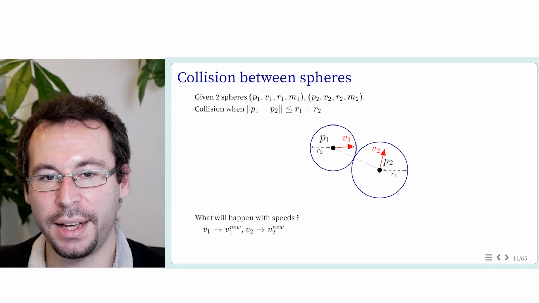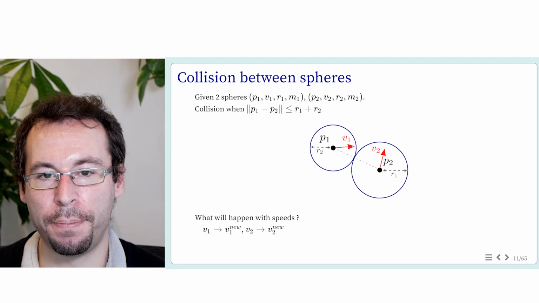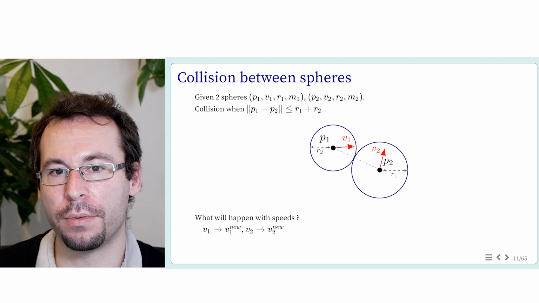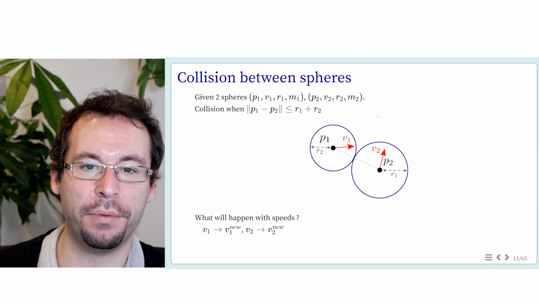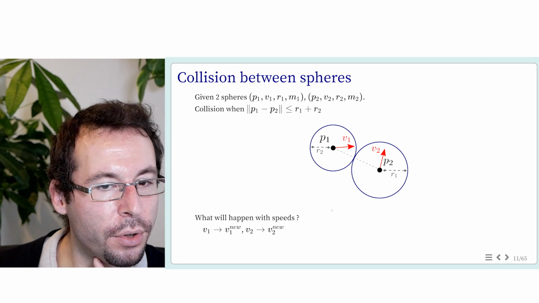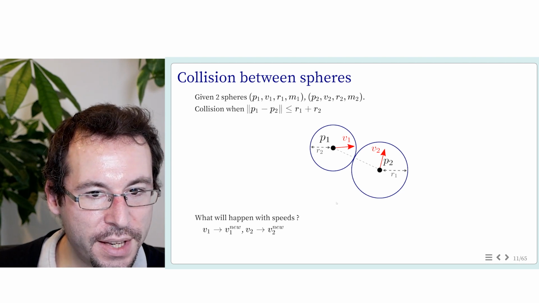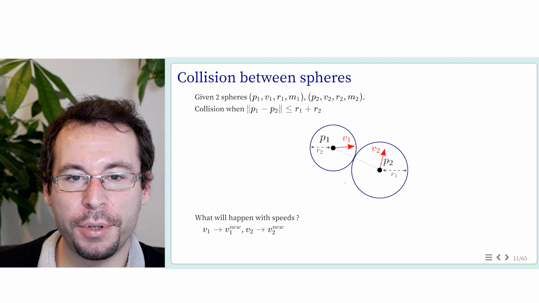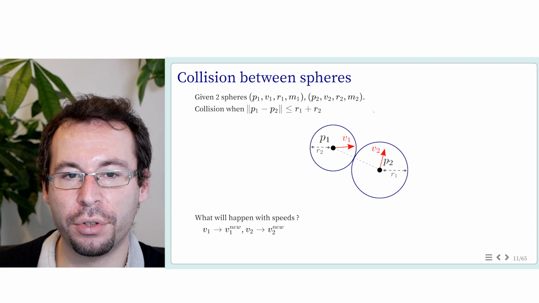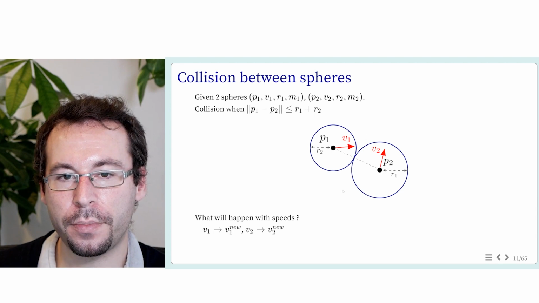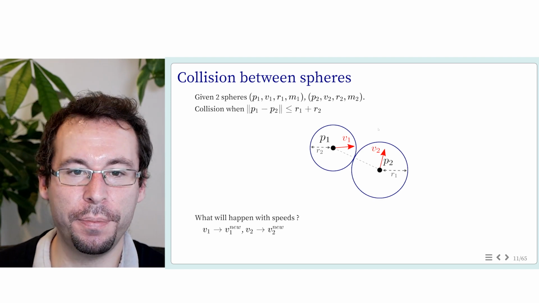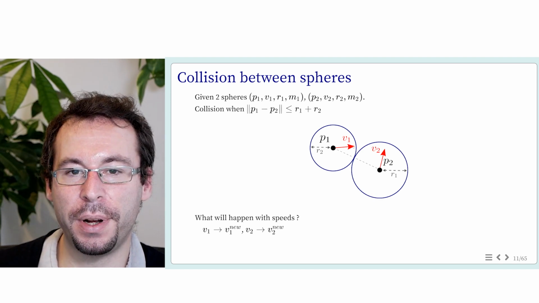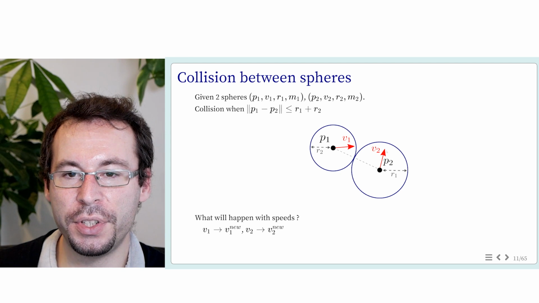And now if I detect this collision, what should happen? So basically we could take the same kind of approach that we did previously. In this case, the separating plane between the two objects is actually the plane which is orthogonal to P1P2. And one naive idea would be to say, with respect to this plane, we are going to take the opposite speed.